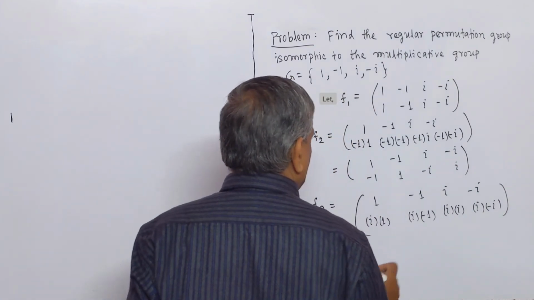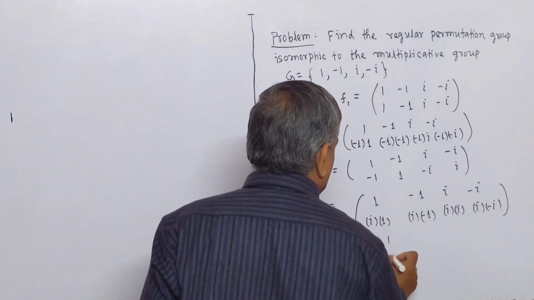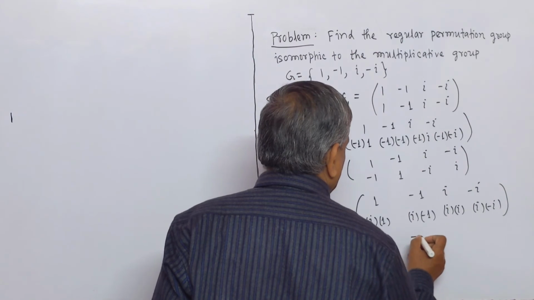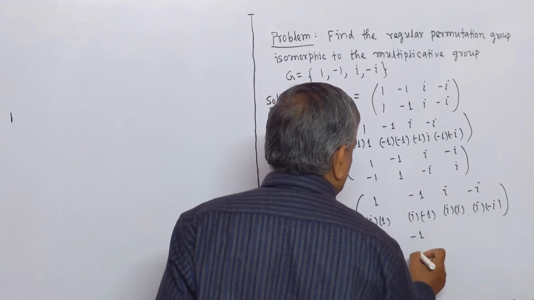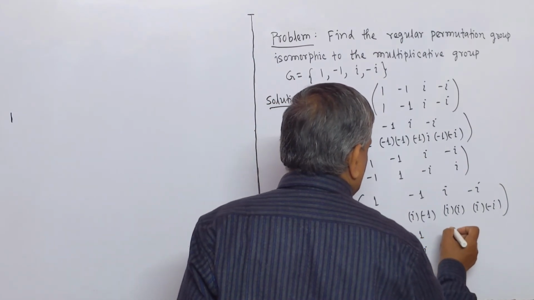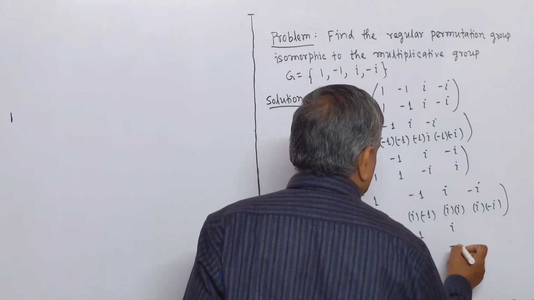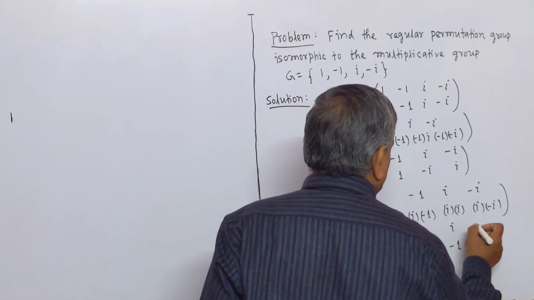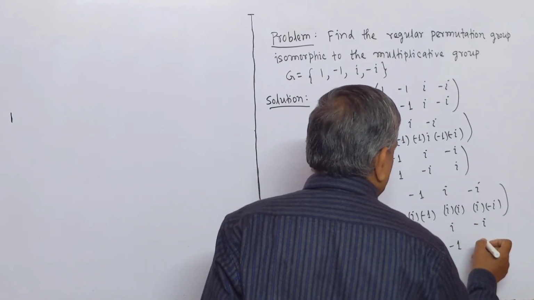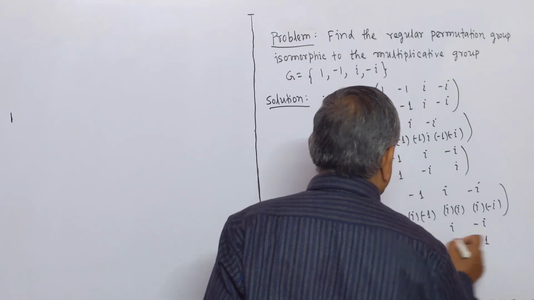This is i here, -i here, -1 here, 1 here. This is F3.